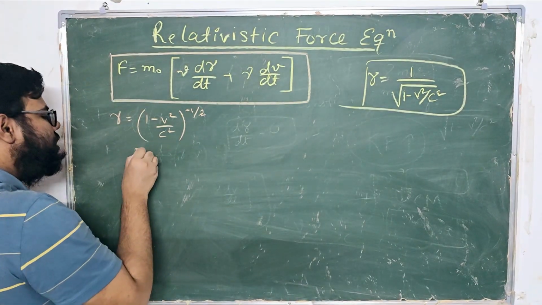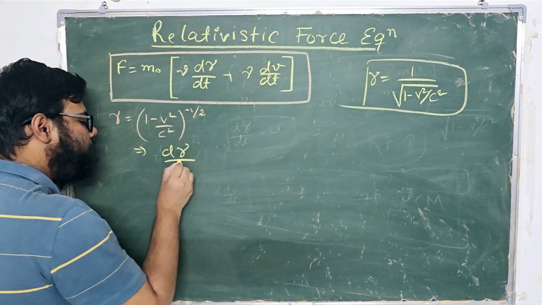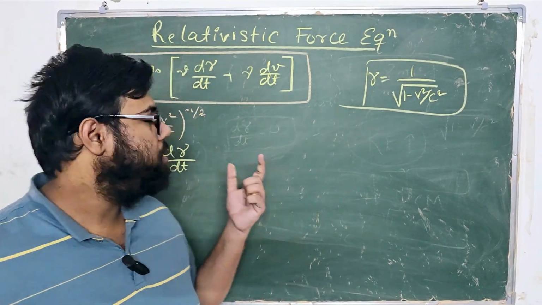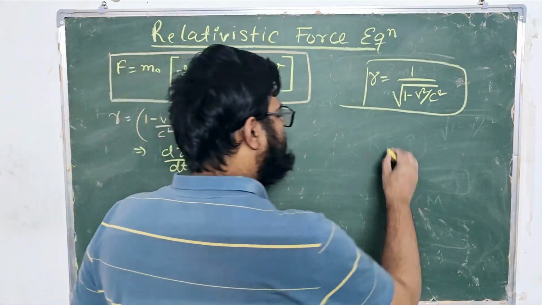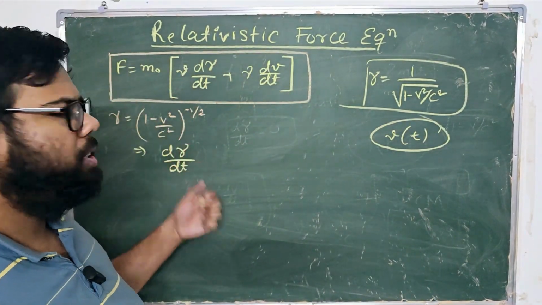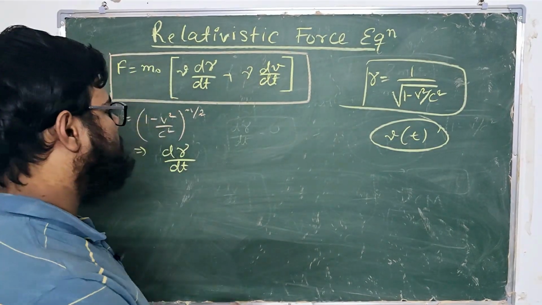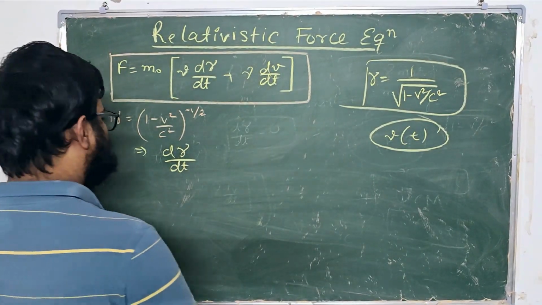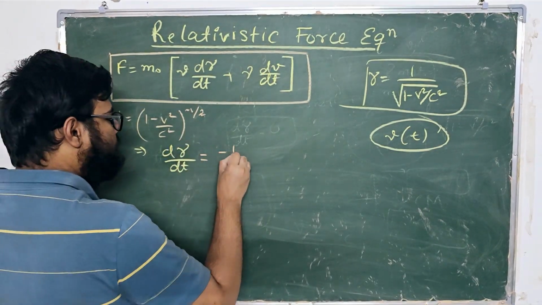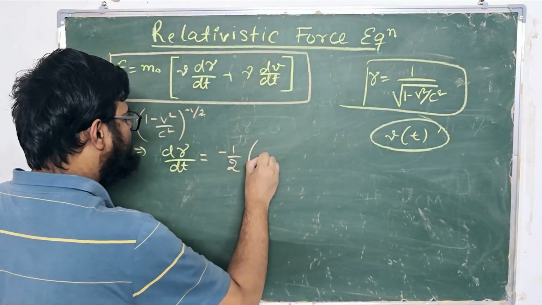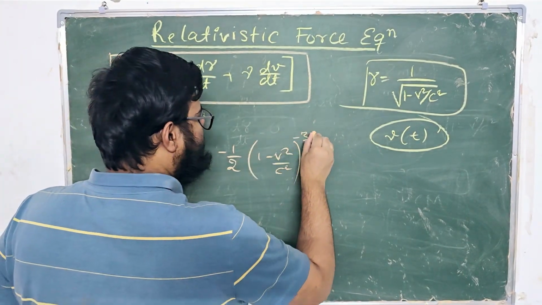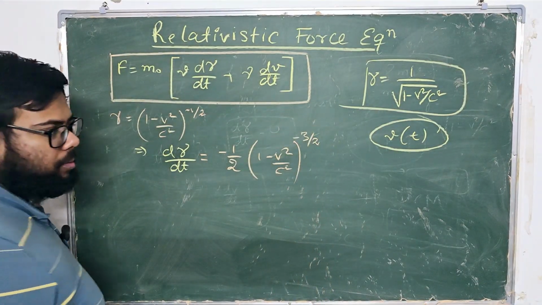So when you differentiate it with respect to time, since c square is a constant, of course, velocity is a function of time. Velocity, or speed over here, okay? So d gamma by dt is equal to negative 1 by 2 times 1 minus v square by c square raised to negative 3 by 2, correct?